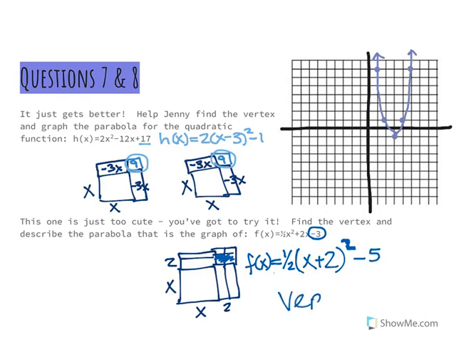Therefore, my vertex here is at negative 2, negative 5. And this particular problem has a shrinking value. It is a vertical compression by a factor of 1/2 in this particular problem. And that concludes your lesson 5.